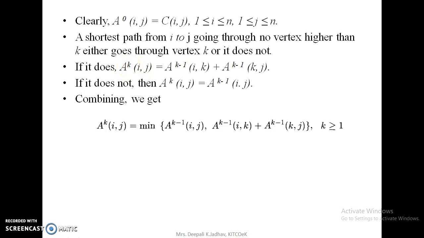But if it does not go through vertex k, then as it is whatever in the previous matrix A^(k-1), we consider as A^k(i, j). So combining this equation we get A^k(i, j) is equal to the minimum of either the path in the previous matrix as it is or the path goes through vertex k. So among these, which is the minimum, that we consider as A^k(i, j), where k is always greater than or equal to 1.